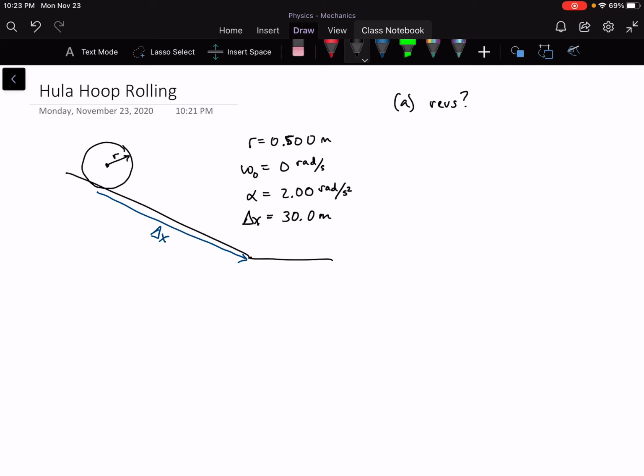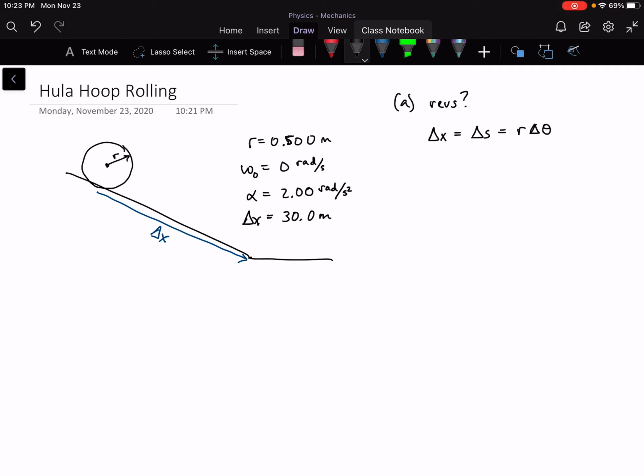how many revs? All right, well, because we know it is rolling without slipping, we know that delta x has to equal the arc length covered along the edge of the hoop. And that, in turn, is equal to the radius of the hoop times its angular displacement.